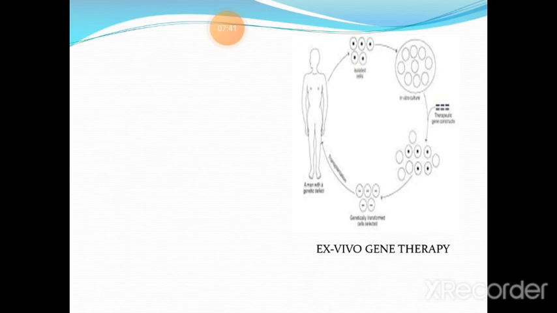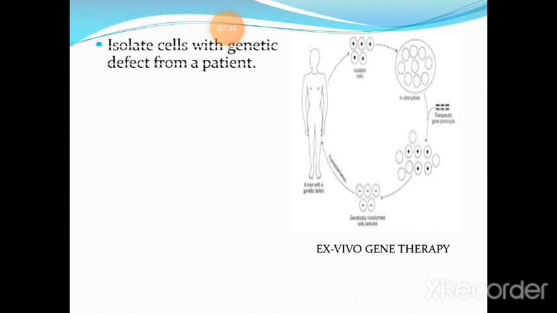This is the schematic representation of ex vivo gene therapy. You have to isolate the cells with genetic defect from a patient. These are the cells which are isolated from the patient. Then you have to grow those cells in the culture.